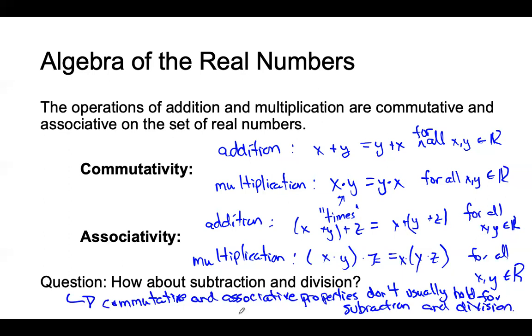And what he did was right: he thought of a counterexample. For example, 7 minus 3 is equal to 4, but 3 minus 7 is equal to -4. So these numbers, 4 and -4, don't equal each other.